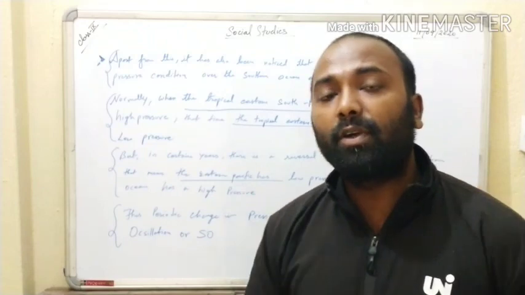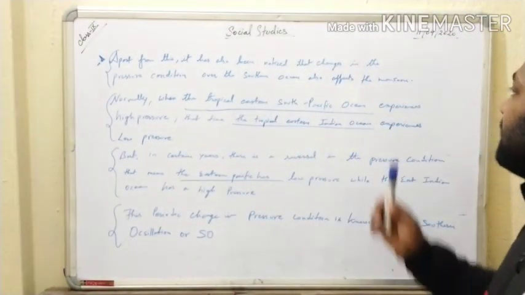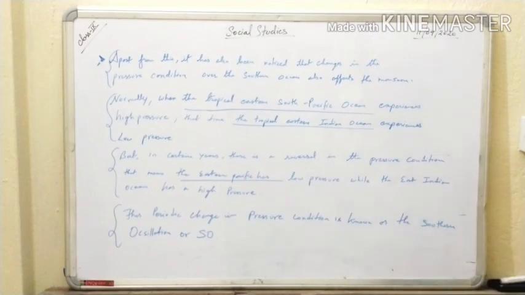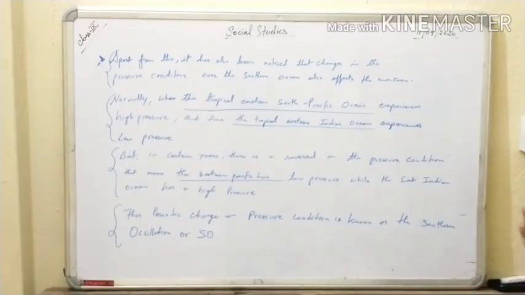Now apart from the points which we have discussed, it has also been noticed that changes in the pressure condition over the southern ocean also affect the Indian monsoon. Normally when the tropical eastern south Pacific Ocean experiences high pressure, at that time the tropical eastern Indian Ocean experiences low pressure.